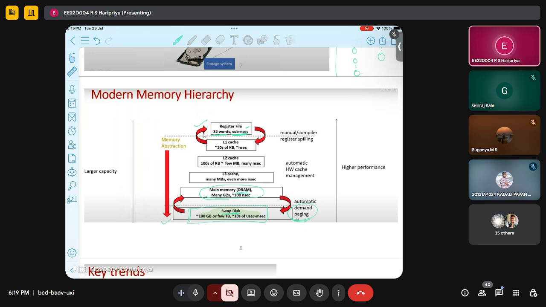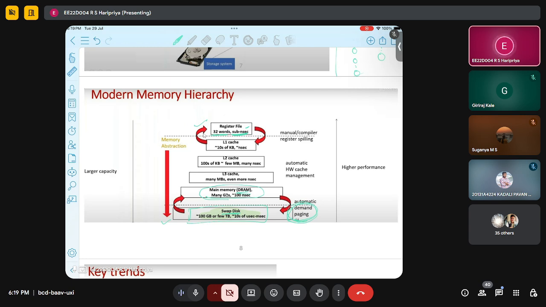The interchange of programs between the swap disk and the main memory depends on the availability of the program and is mostly an automatic process by demand paging. And what is demand paging? It is a memory management technique used by the operating system that loads the necessary part of the program.